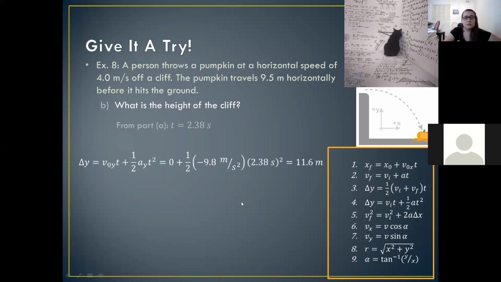We know the initial velocity because it's one of those implied numbers. It's a horizontal throw, so our initial vertical velocity is 0. All right, so we plug our numbers into equation 4, and we get a height of 11.6 meters. That's how far the pumpkin has fallen.